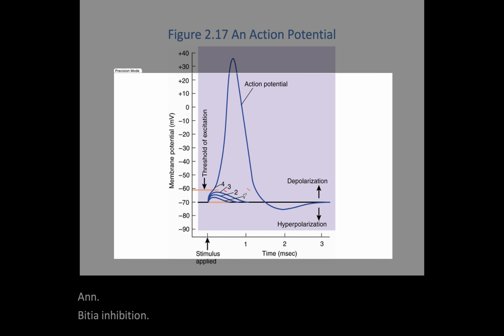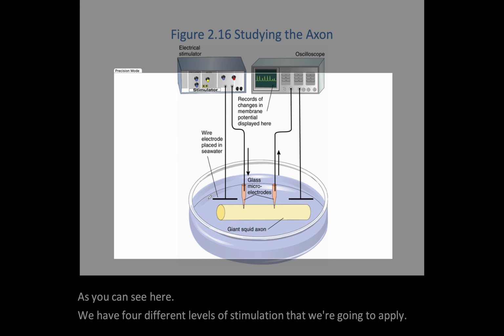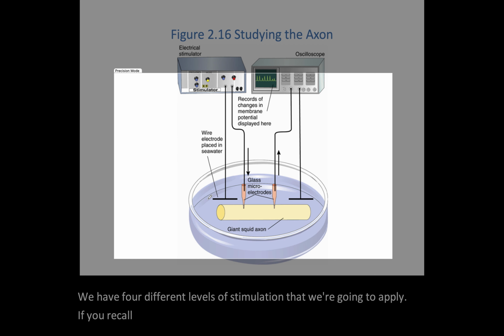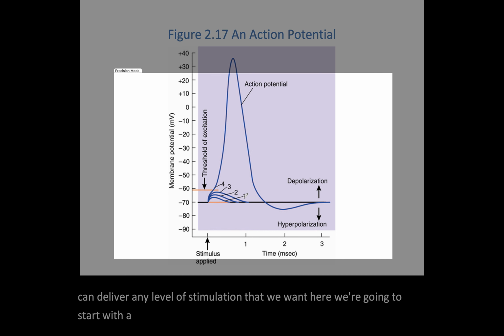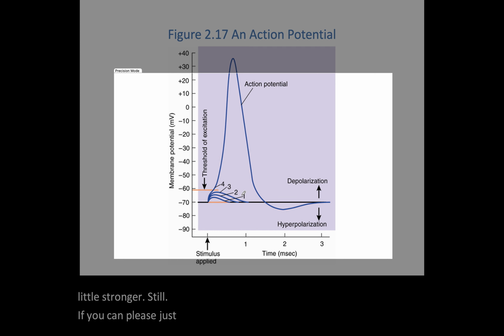Now, as you can see here, we have 4 different levels of stimulation that we're going to apply. If you recall this experimental setup, with our stimulating electrode, we can deliver any level of stimulation that we want. Here we're going to start with a very weak stimulus and get a little stronger, and a little stronger still. If you can, please just focus on number 1.